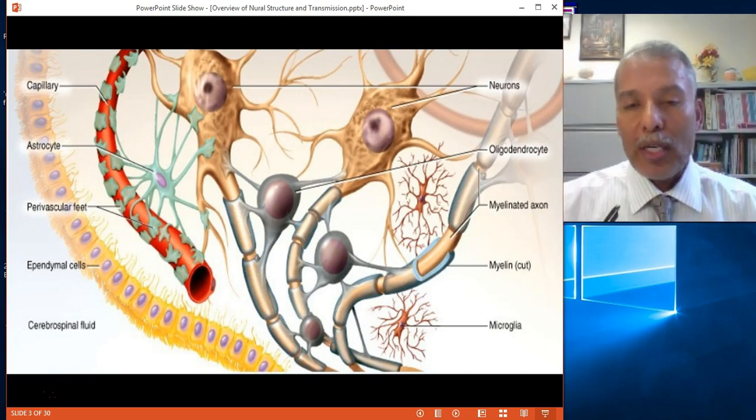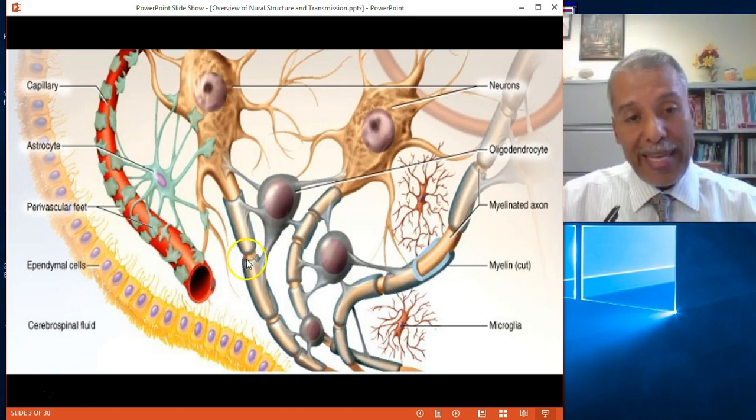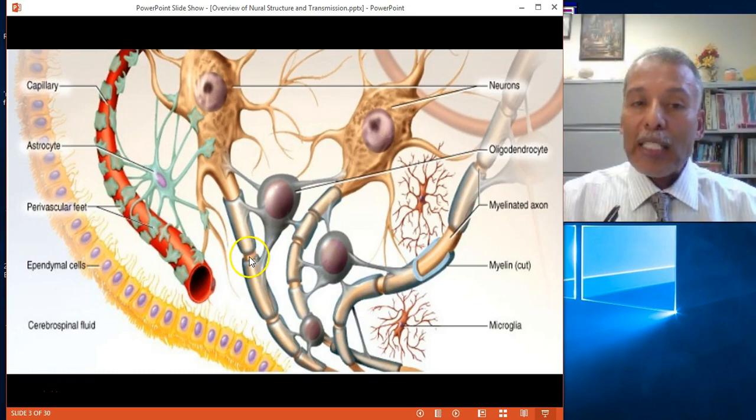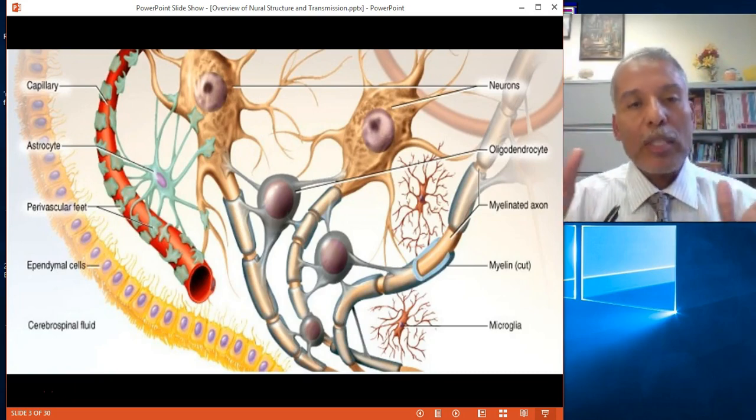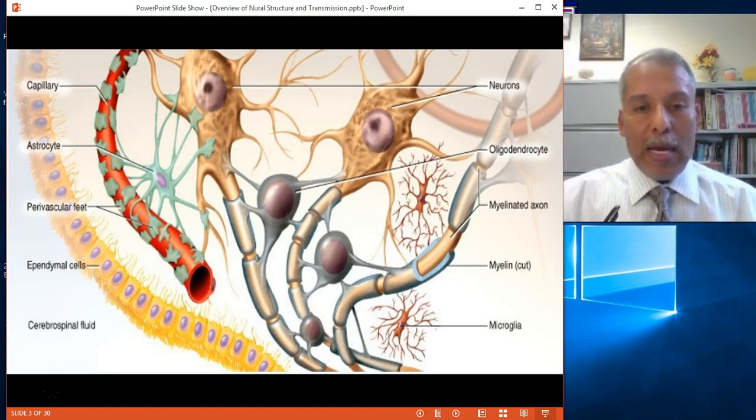That is the area of the axon that is not myelinated. It is not insulated. It comes in contact directly with the fluid that is outside of the neuron.